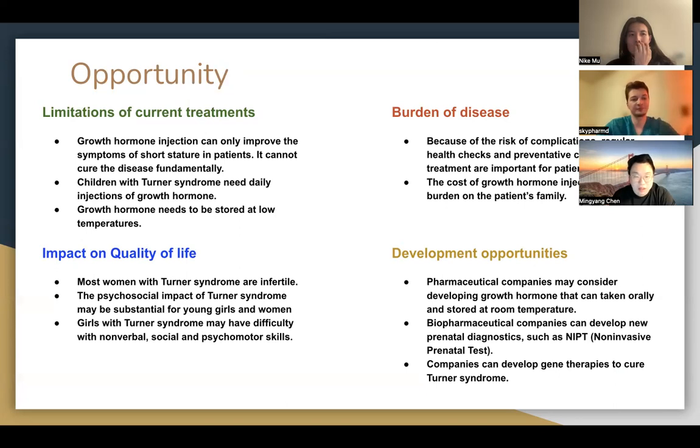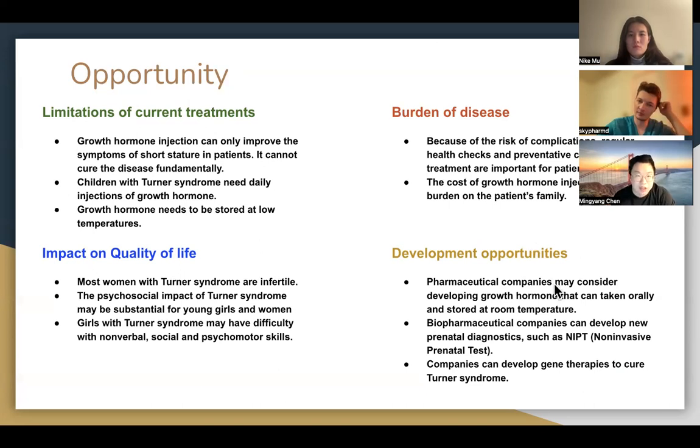And the disease imposes a great burden on patients and their families because of the risk of complications. Regular health checks and preventative care and treatment are important for patients, and the costs of growth hormone injections can put a great financial burden on the patient's family.